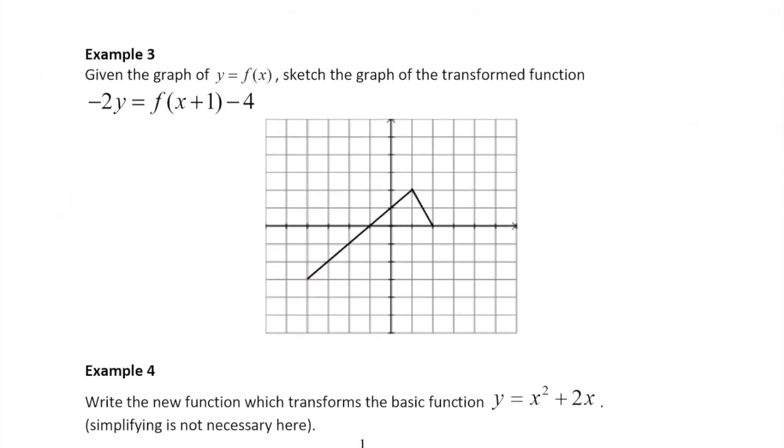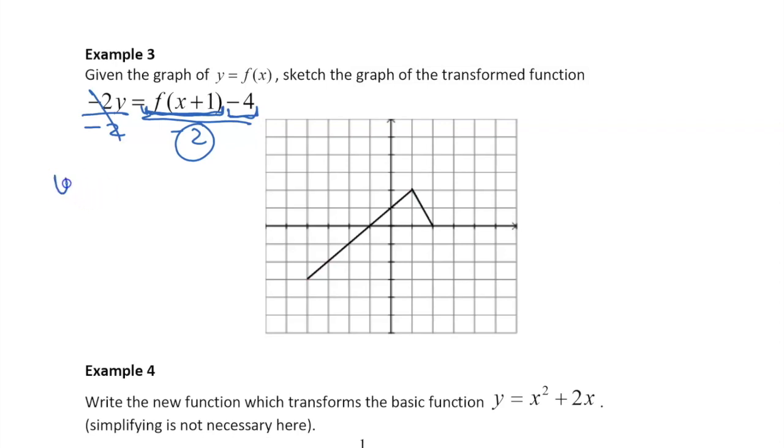Okay, example 3. We have to put this in ready form. So we're going to divide everything by -2 to isolate for our y. And when we divide this by -2, we're dividing two pieces on this right side by -2.